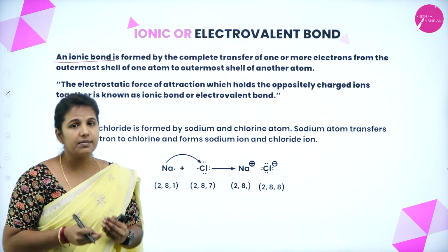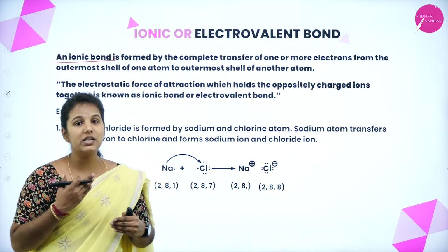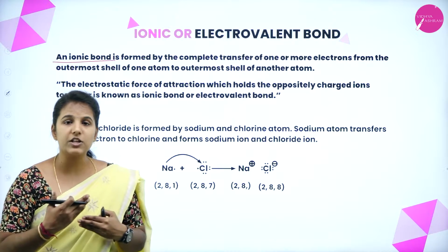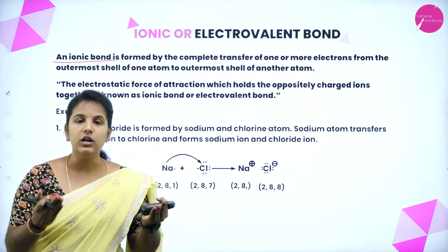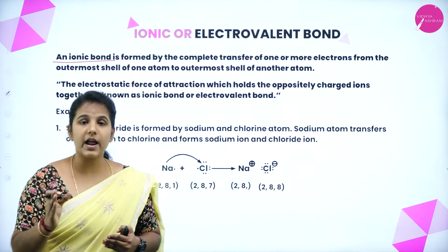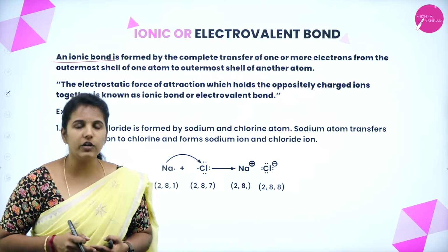Similarly, that one electron is accepted by a chlorine atom, which gets a negative charge and behaves like an anion. This force of attraction between the cation and anion is known as the ionic bond.